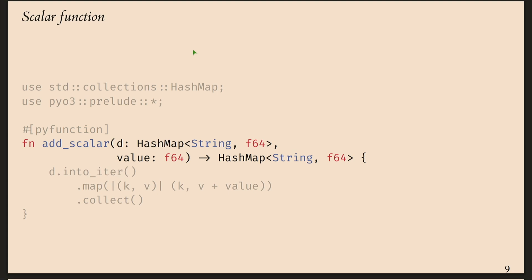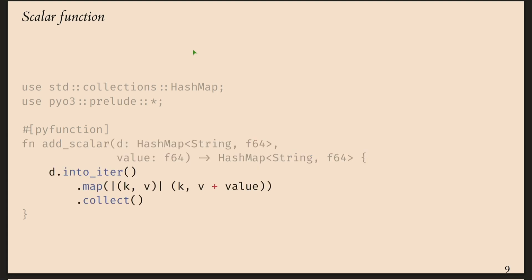If you pass it any type of Python number, integer, float, anything like that, it will turn it into a float 64, which is just a sized float. And then when you return a hash map, it will take that hash map and turn it back into a Python dictionary. And all of that is just taken care of for you. So you write almost pure Rust with a few macros and it ends up becoming Python, which is really cool.